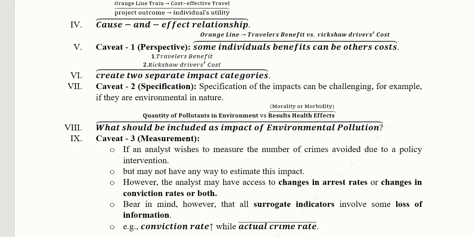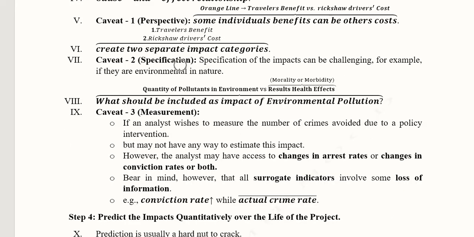So now the perspective is opposite, and some people are having benefits from that intervention, some people are having costs from that intervention. So now we have these two opposite things. What we can do is that we can make two separate categories, that is the traveler benefits and the rickshaw driver costs. They should be separated, and their net effect will determine if we are actually benefiting in this regard or having a loss.